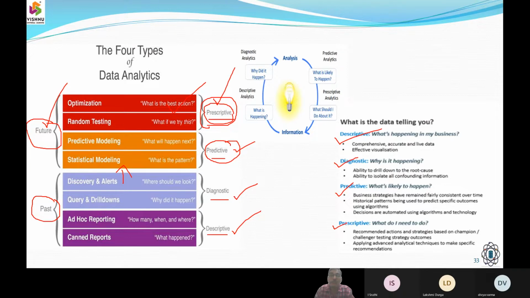And finally we take up a recommendation, the impact, the outcome, the strategy: what will be the best course of action if it repeats? There we get the prescriptive analysis. These four phases are purely interlinked with one another, and they have a good impact on the major issues in data analytics.